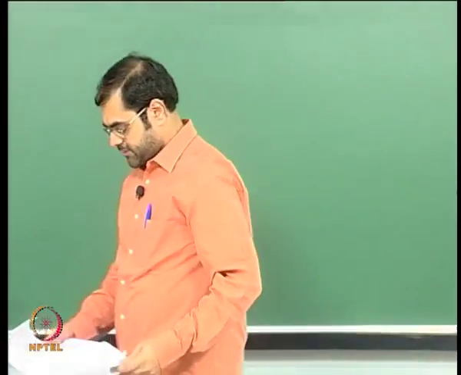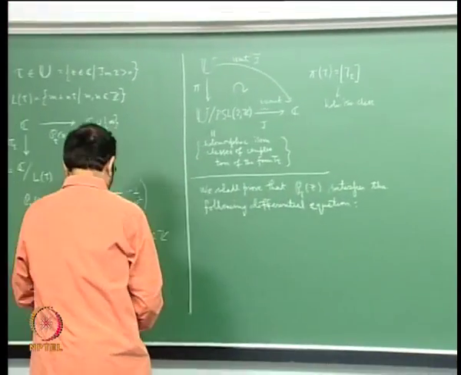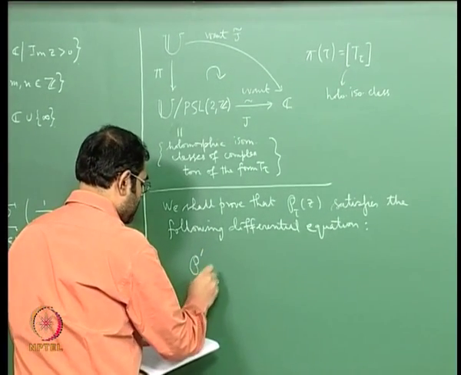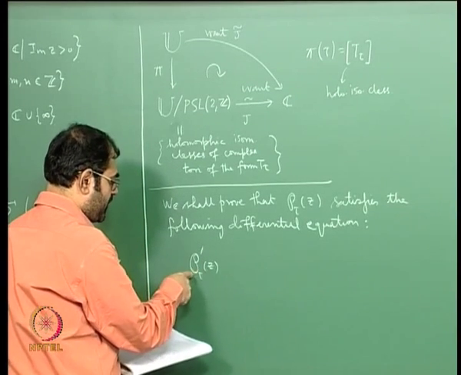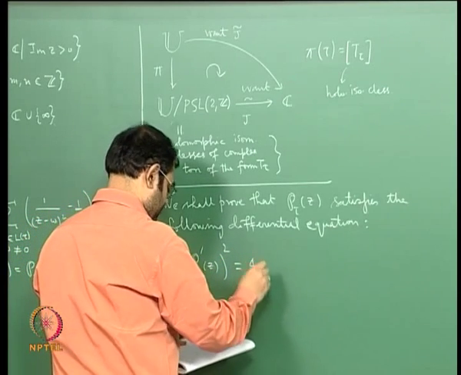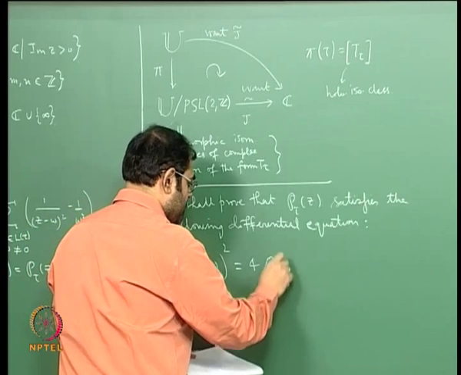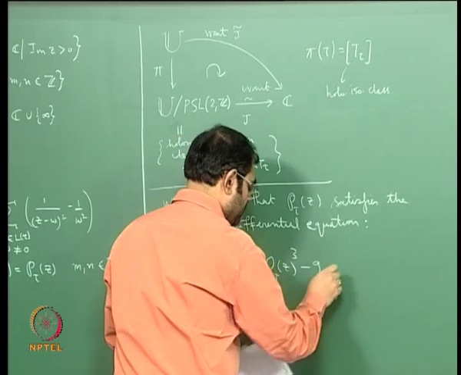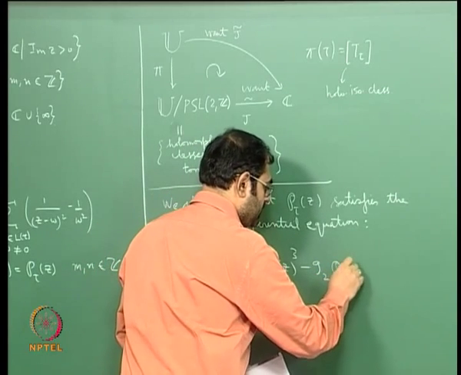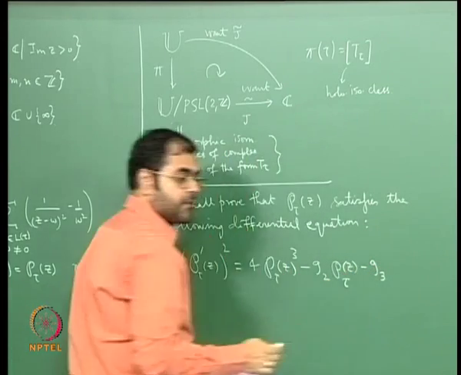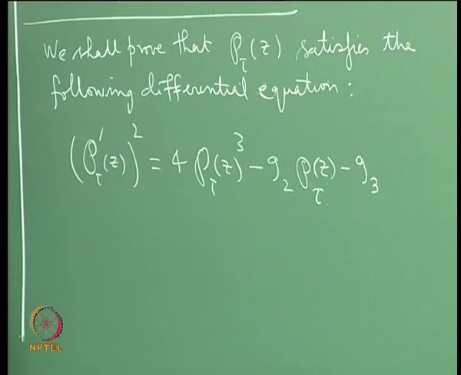Let me write it down. It is: the derivative of P tau of z, the whole squared, is equal to 4 times P tau of z cubed minus g2 times P tau of z minus g3. So this is the differential equation.